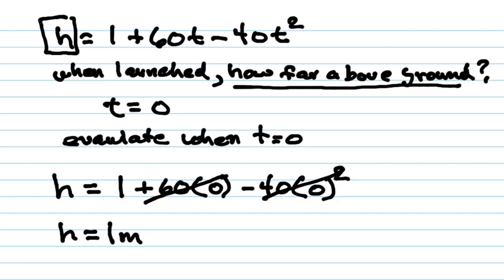Meter. Right. So our height was 1 meter. So that tells us that when they launched this rocket, was it on the ground? No, it must have been on a stand that was a meter high. Okay? So all they asked us was just to evaluate it for a specific thing. So did I use any calculus there? No, that's just algebra. Okay?